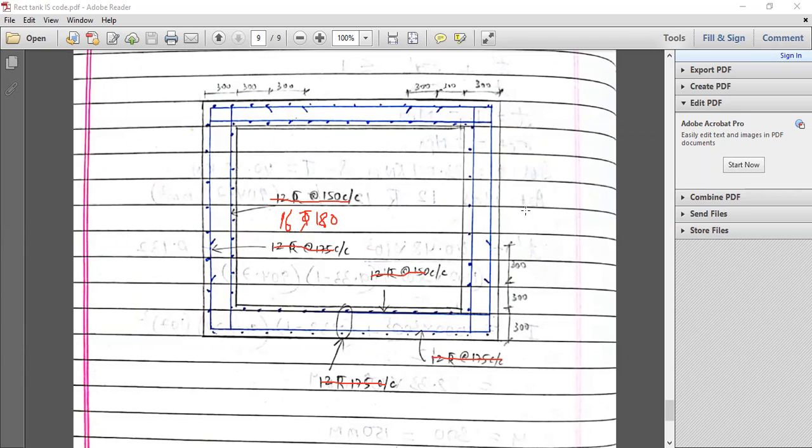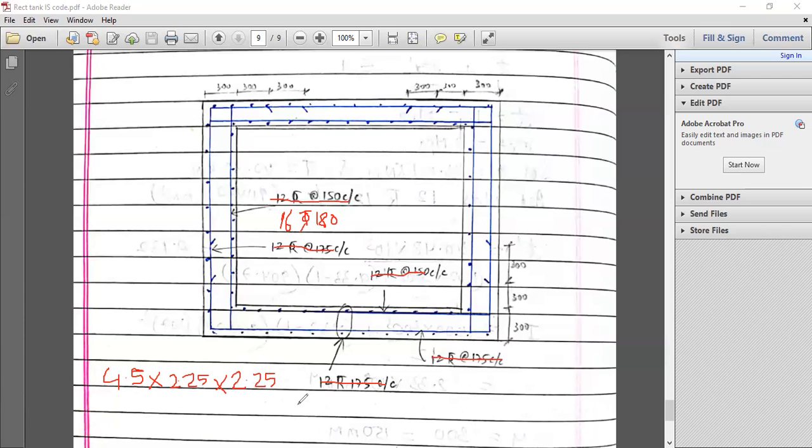So take down the question. A rectangular water tank of 4.5 by 2.25 by 2.25 meter size.